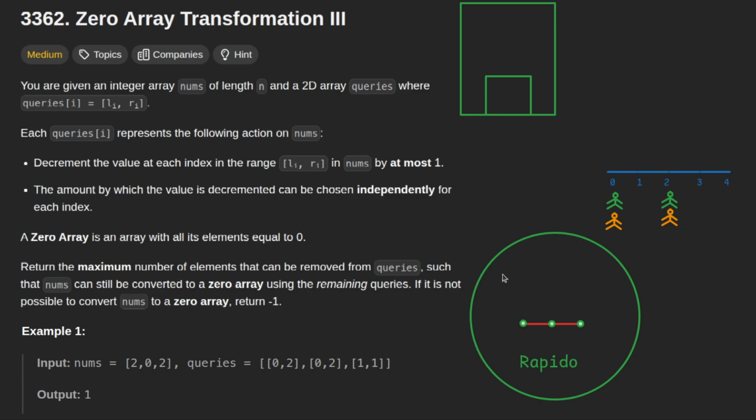For example, suppose I have available vehicles, so a passenger came and registered at Rapido that he is free and he can move from 0 to 2, right? This is what is given to us, 0 to 2.